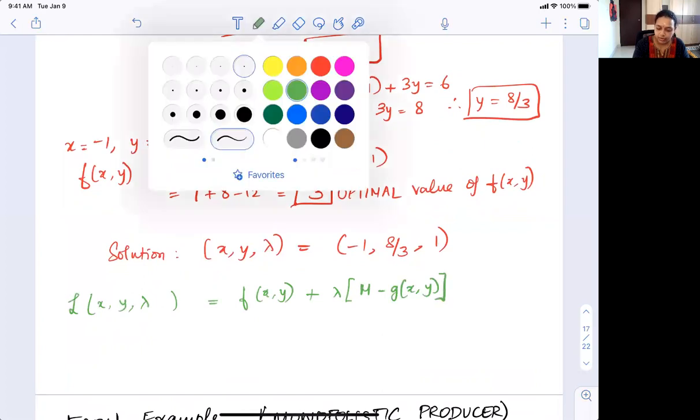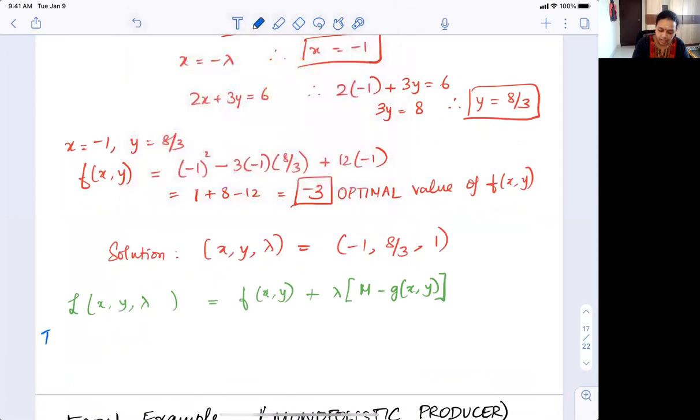Now suppose we treat m as another variable, another input into your Lagrangian function.